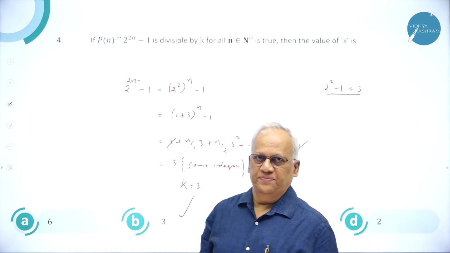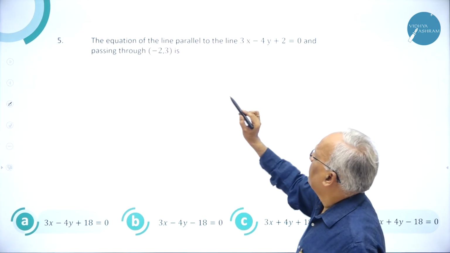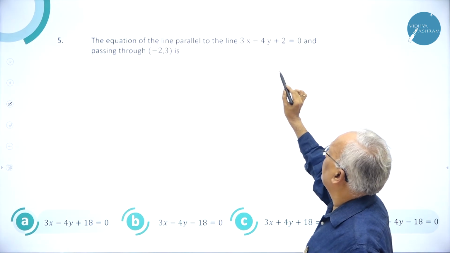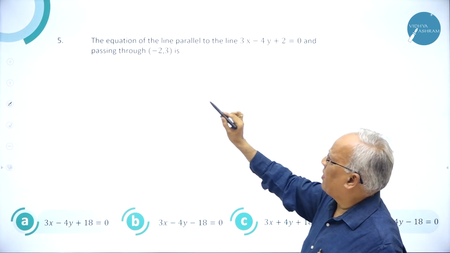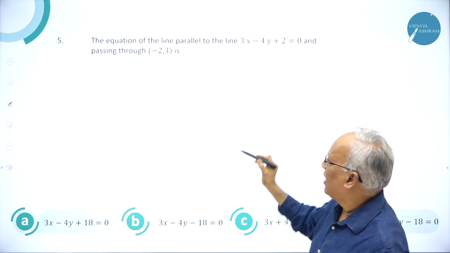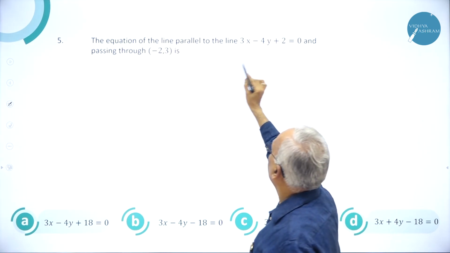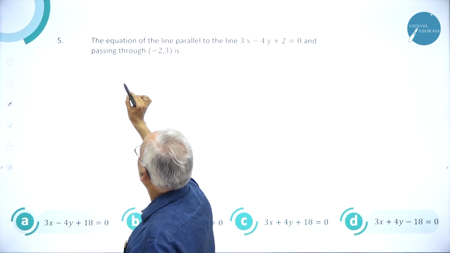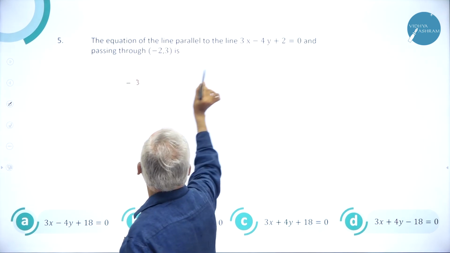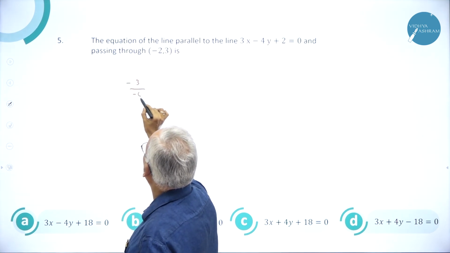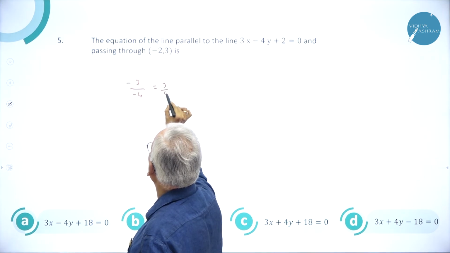Okay, next question. The equation of line parallel to the line 3x minus 4y plus 2 equal to 0 and passing through the point (-2, 3). See, one method: parallel to this, what is the slope of this line? Slope is minus 3 divided by minus 4, that is equal to 3 divided by 4.